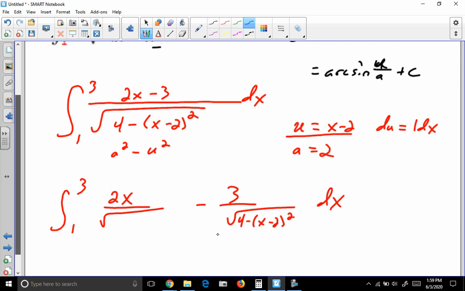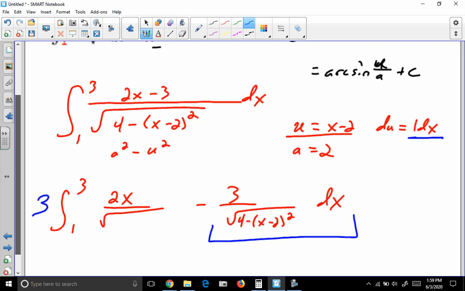When we look at this one, it's really close to what we need. If this is a squared and that's u squared, then we need 1 dx on top. We just have an extra number on top. We can't just simply pull this 3 out front, because if I put a 3 there, that 3 applies to both terms.